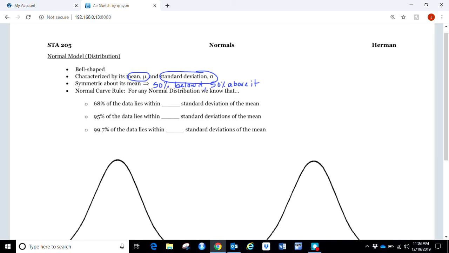Now let's talk about this normal curve rule, or sometimes referred to as the empirical rule. This is true for any normal distribution. So 68% of the data is going to lie within one standard deviation of the mean.